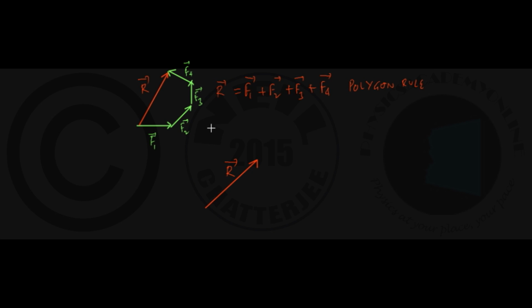So if you just reverse the polygon law, what you could have done is this: you have to just construct any possible polygon. I can even add as many as I need.